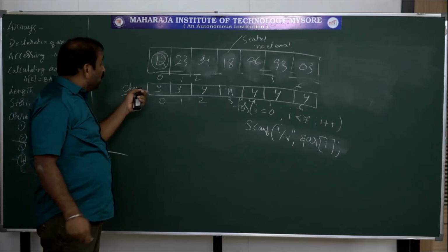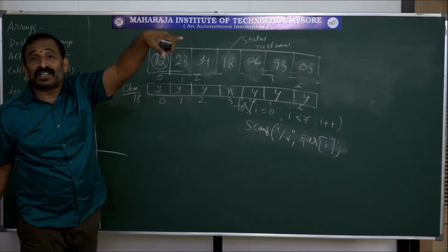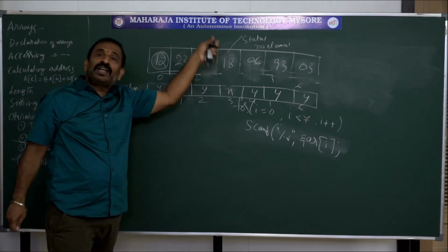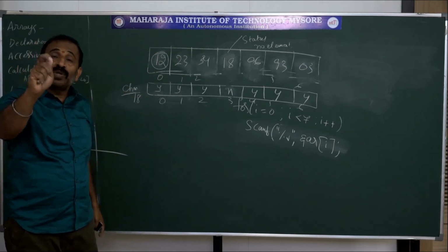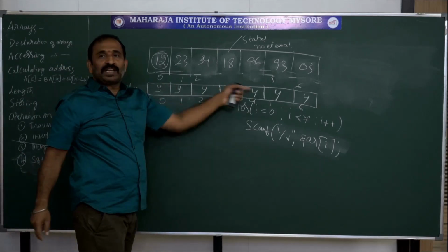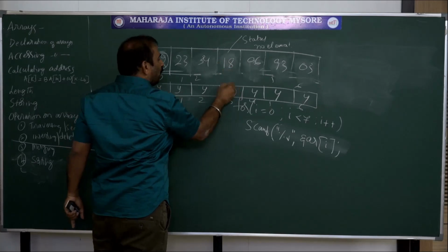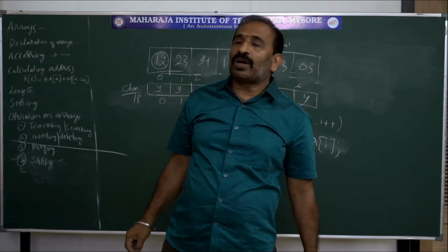But if it is yes in this array, the element is considered in that array. If it is n, the element is not considered. Are you getting this? This is how you have to consider. Another array can be taken as a character array, and this is your real data array, but y or n indicates whether the data is to be checked or not.